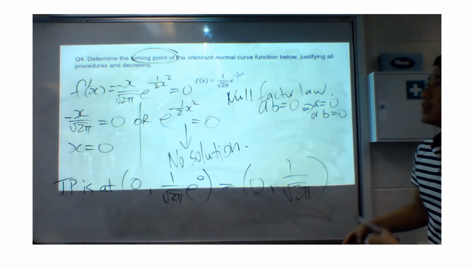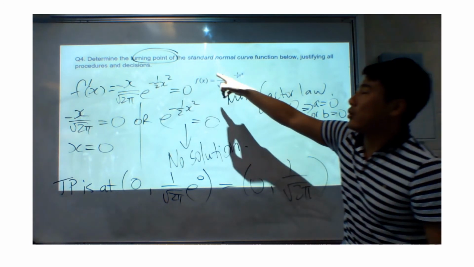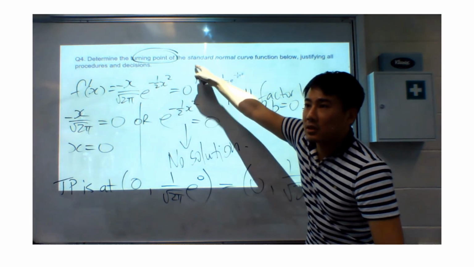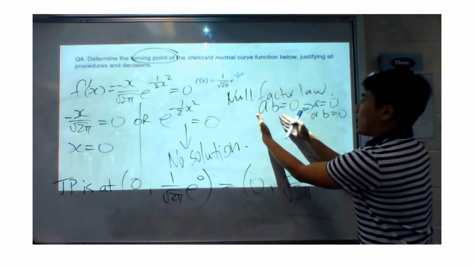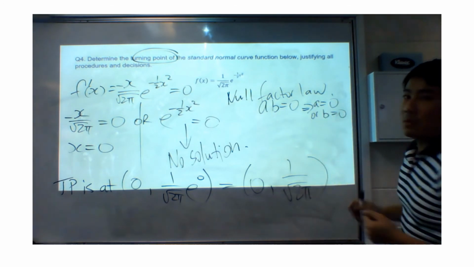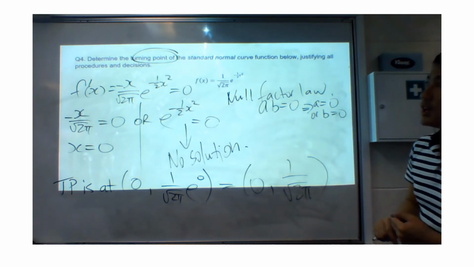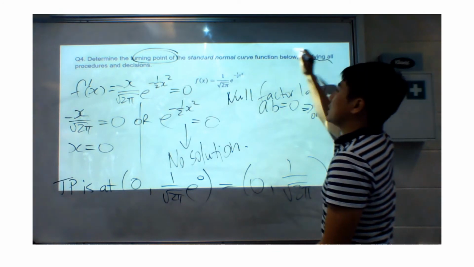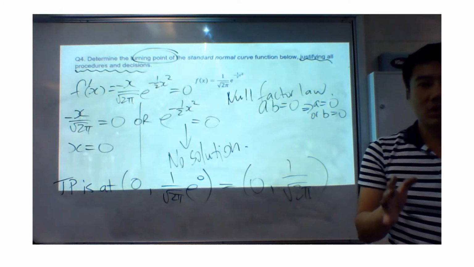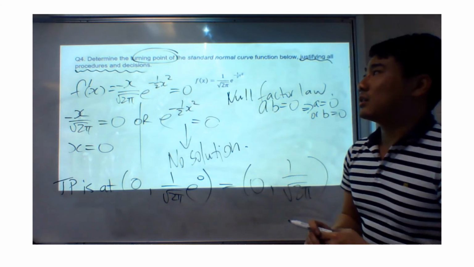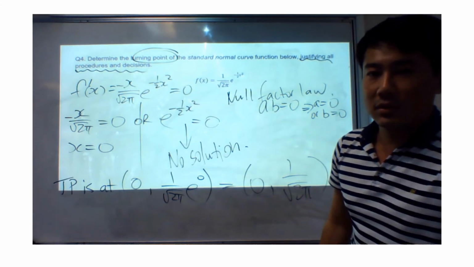I'm explaining to the marker, I know at the turning point, the derivative has to be 0. I'm explaining to the marker, if AB equals 0, either one of these would be 0. Okay? So if the question is specifically asking you to justify your steps, make sure you are justifying and explaining your steps.